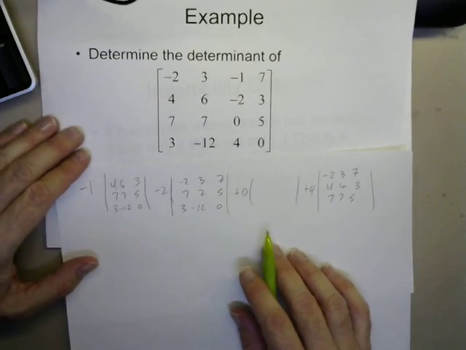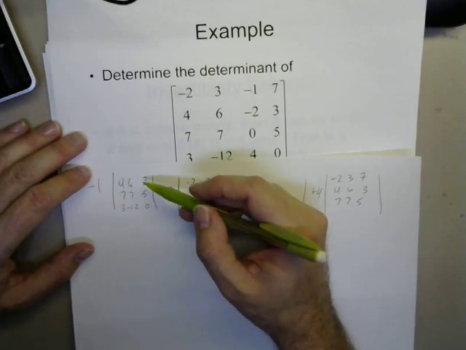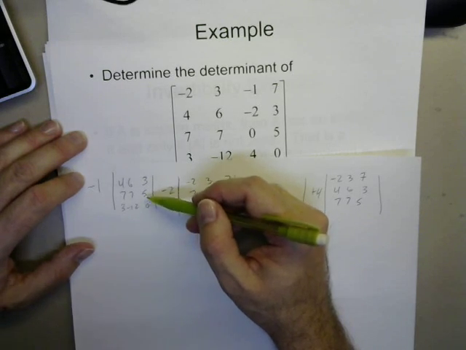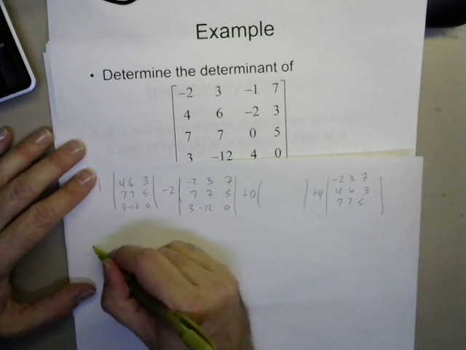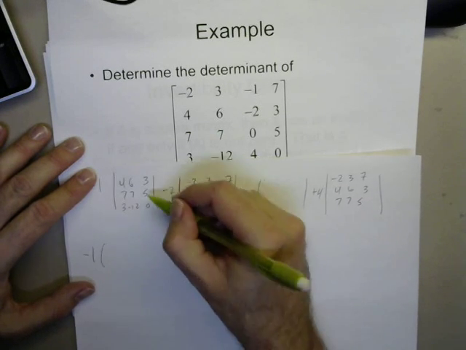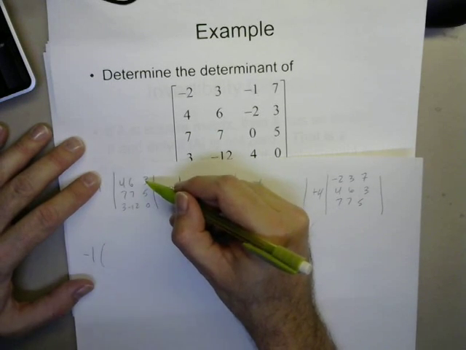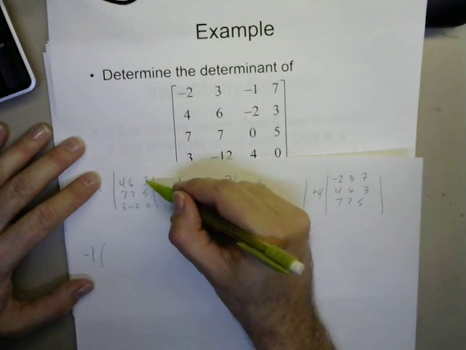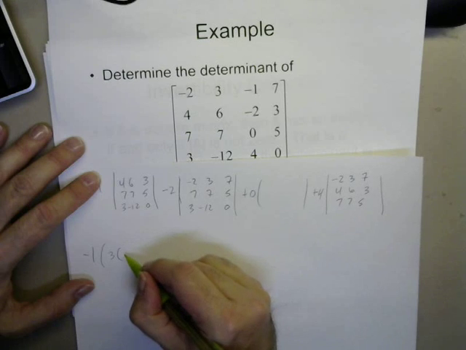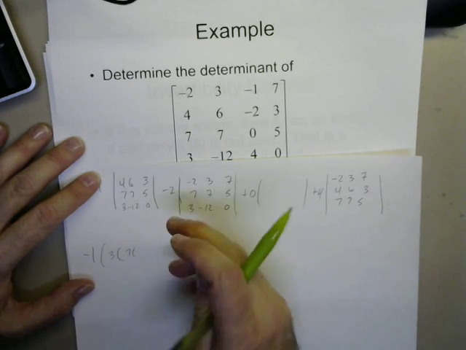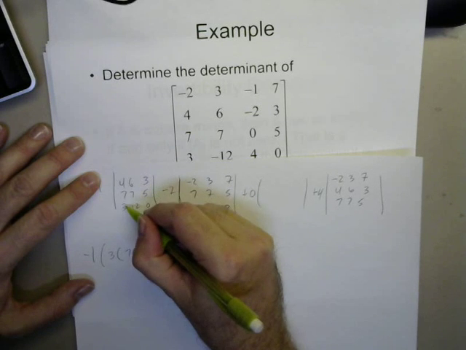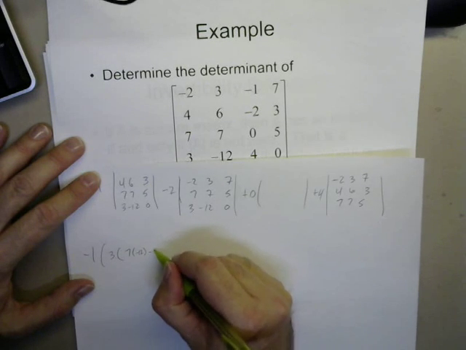So let's go ahead and calculate those. Again, you might want to expand along a row or column where you have zeros, so let's just expand along this column here. For this determinant, positive, negative, positive, I'll get a positive 3 times what I get when I take 7 times negative 12, minus what I get when I take 3 times 7, which is minus 21.